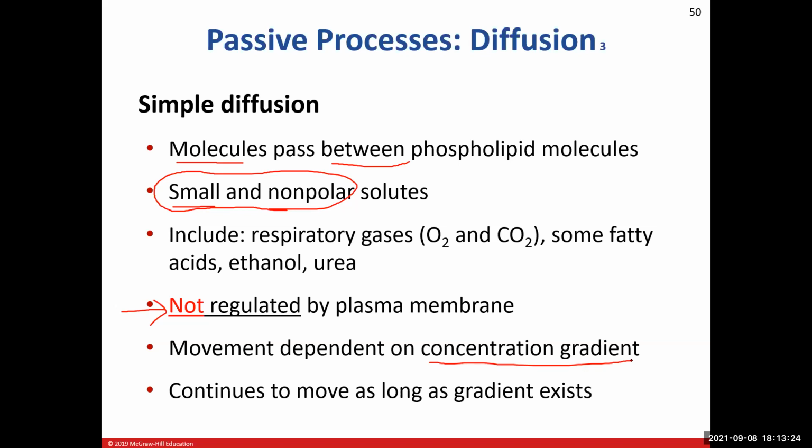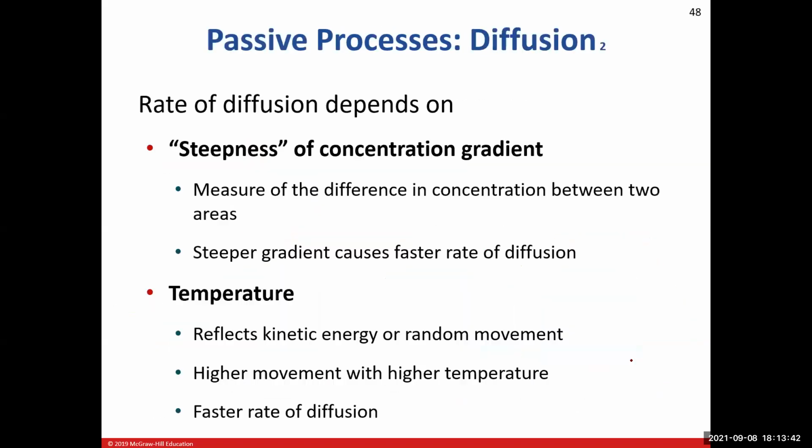Now, mind you, if we had 55 molecules on the outside of the cell and 45 on the inside, then it's only a difference of 10, so the rate of diffusion won't be as much. So that goes back to this slide here. Rate of diffusion depends on the steepness of the concentration gradient. That's going to be the difference between the two areas. And then our temperature. We increase the temperature, we'll get more movement.